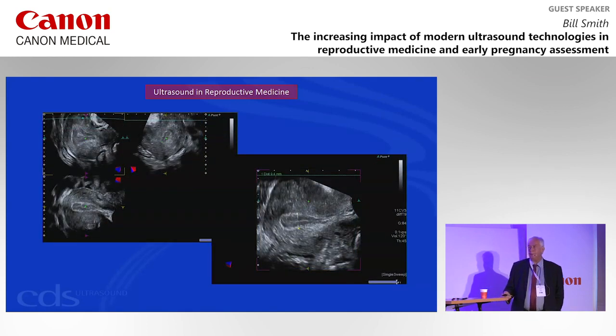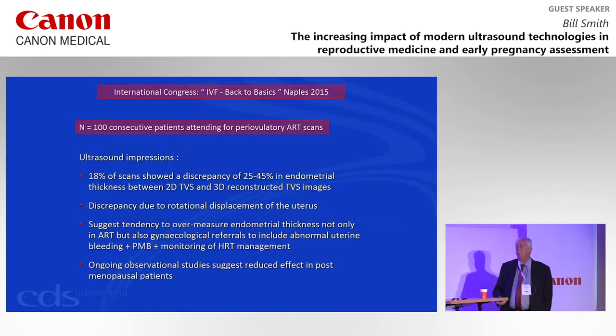Here's another case here. This is what we would perceive as a parasagittal section, but when we manipulate with the 3D, then we get an accurate measurement of endometrial thickness.